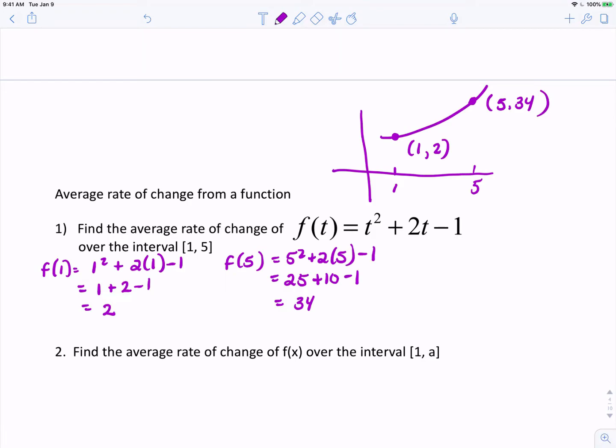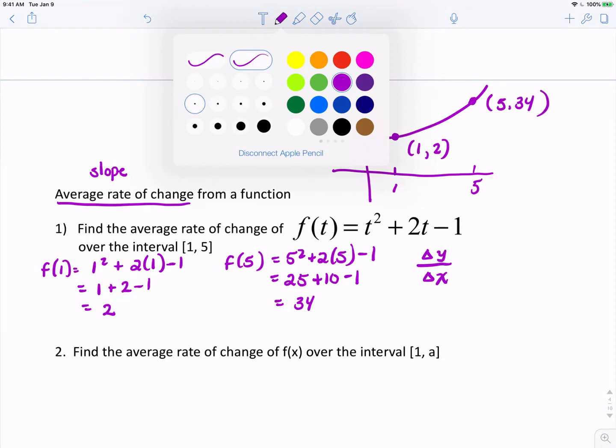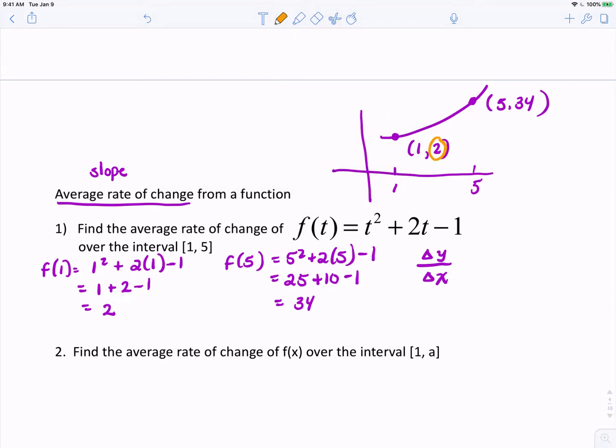Now to find the average rate of change, which again is just a familiar concept to you, the slope, we're going to find the change in y divided by the change in x. The only thing we have to be careful of is what are our y coordinates and which are our x coordinates. So here we have our y coordinates. That's going to be 34 minus 2 divided by, and now let's take a look at our x coordinates.